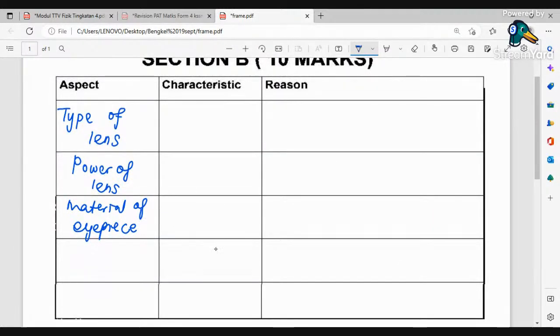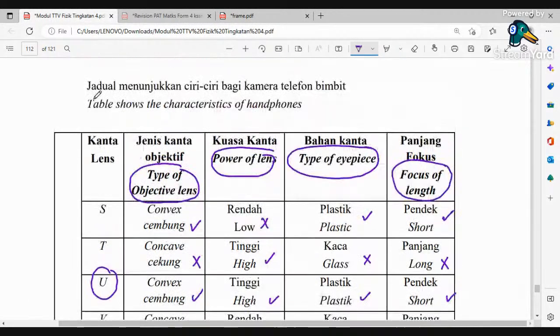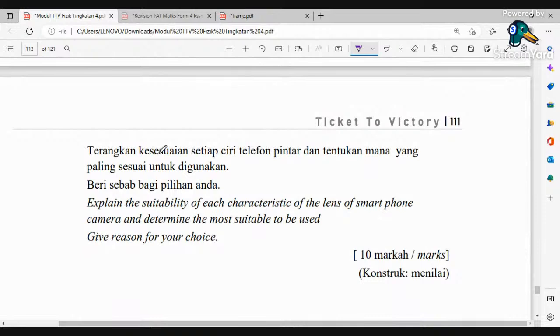Eyepiece lens, apa material dia. And then kita ada ialah last one ialah focal length. Okay, explain suitability to determine a smartphone camera. Kalau smartphone camera kita nak dia, okay, of course kita nak clear and bright image. Tu semua kita akan explain dia punya reason.